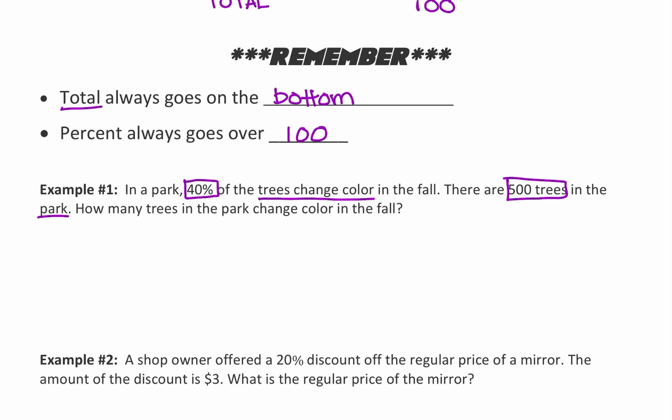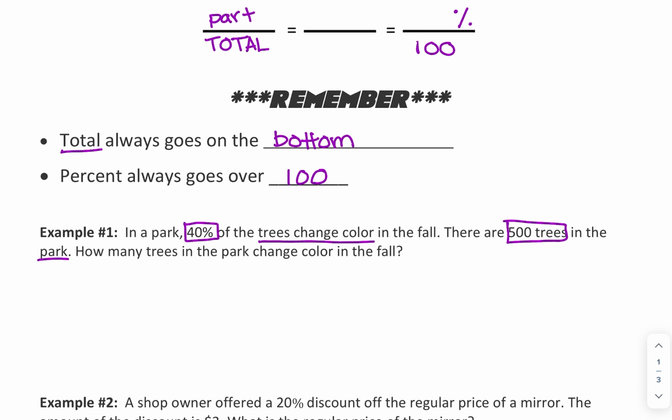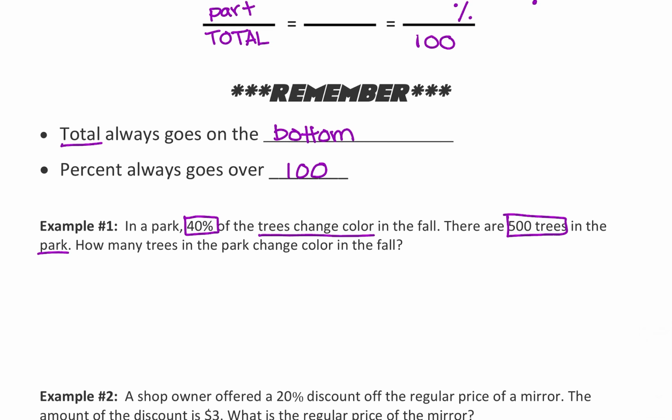So when we have a percent, let's go back up to the top here. If we have a percent and another number in a word problem, like we do here, we have a percent and another number. If we see that, that is going to be a red flag that we are doing a WKU proportion question, okay?